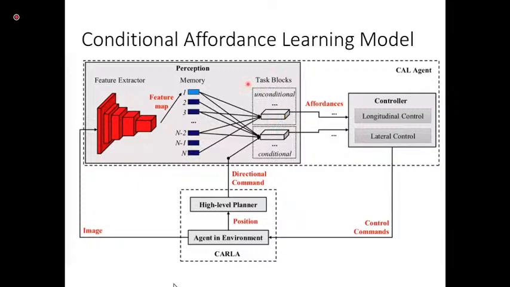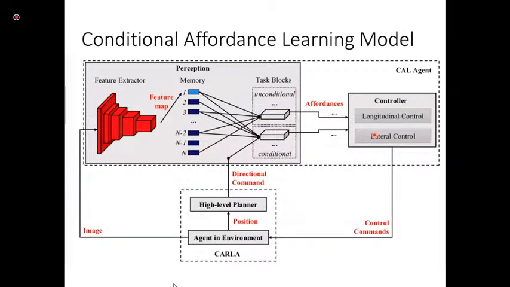Okay, so there are 6 tasks. So it is a multitask learning problem. So there are 6 tasks, one corresponding to each affordance. So these are the tasks that are predicted, and basically they go into the controller for the longitudinal and the lateral control.